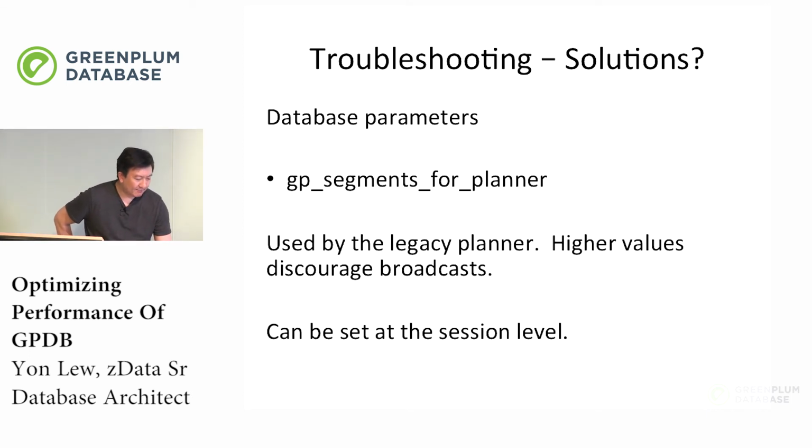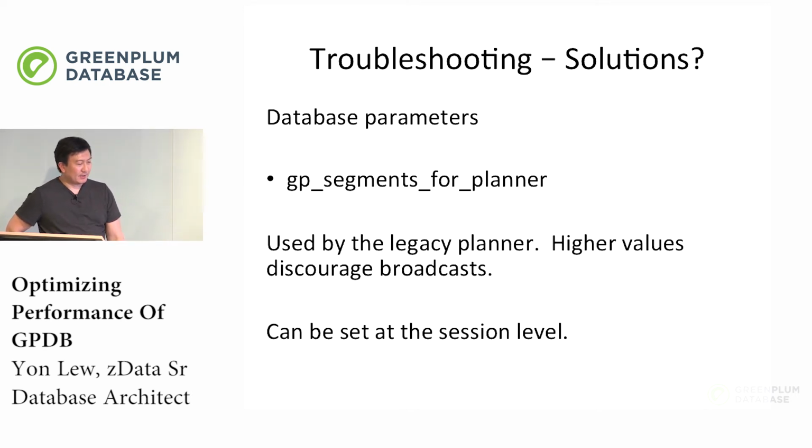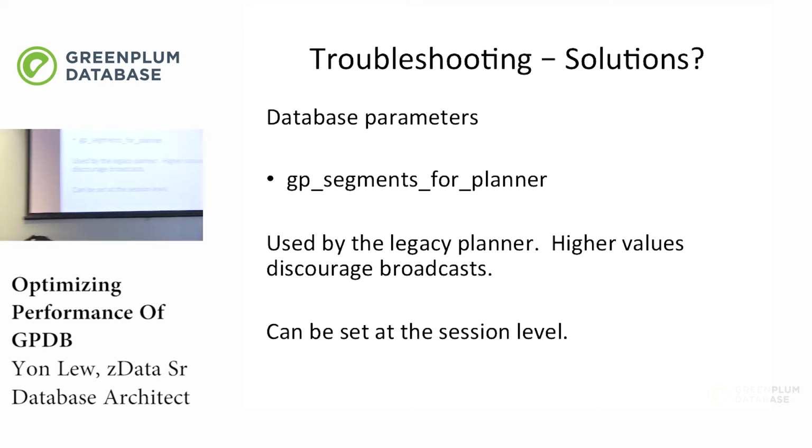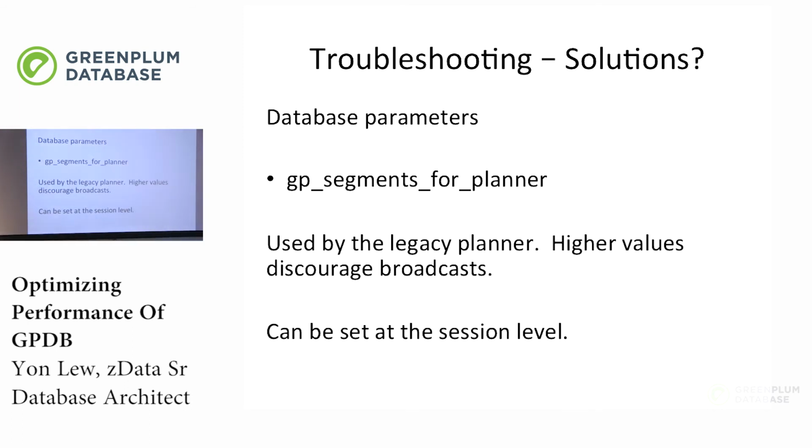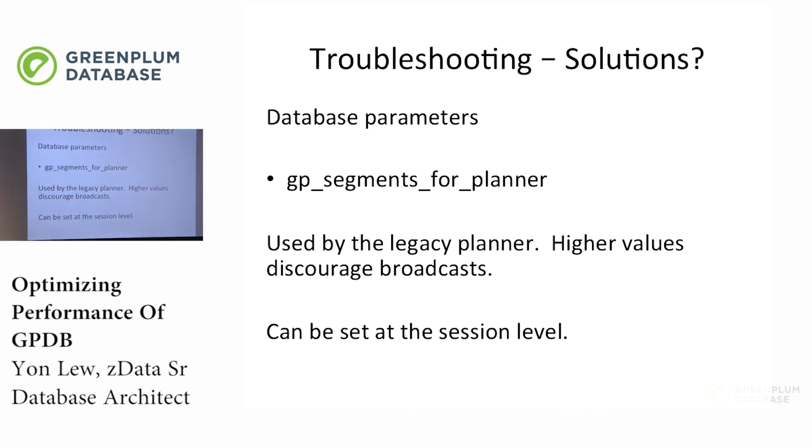Okay, so now we've identified the problem, right? So that definitely network is the issue. So how do we fix it? One of the ways is trying to tweak the database parameters, right, to encourage or discourage broadcasts. The parameter that we primarily use for that is called gp_segments_for_planner.